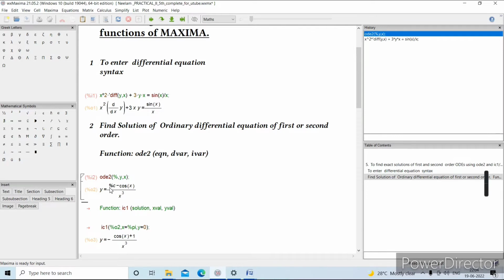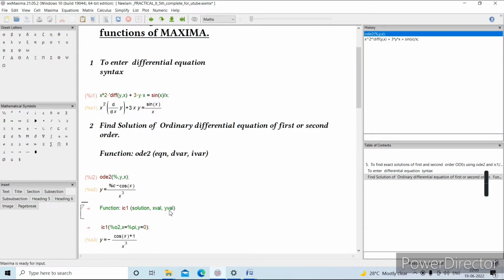Here the differential equation is order 1, so you will use the inbuilt function IC1. So what is the syntax for this? Function's name is IC1. Here you will enter solution, that is output 2, and you will mention the independent variable x, value of independent variable, and y which is your dependent variable.